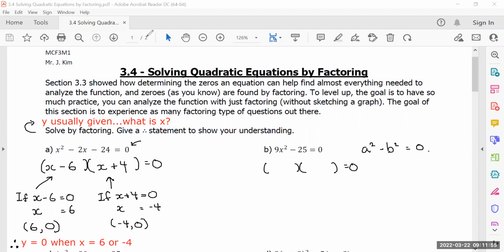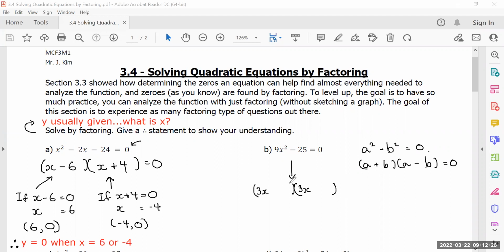By definition, I'll do this for you. A squared minus b squared is actually a product of a plus b and a minus b. So to follow suit, what times what is a 9? 3, of course.